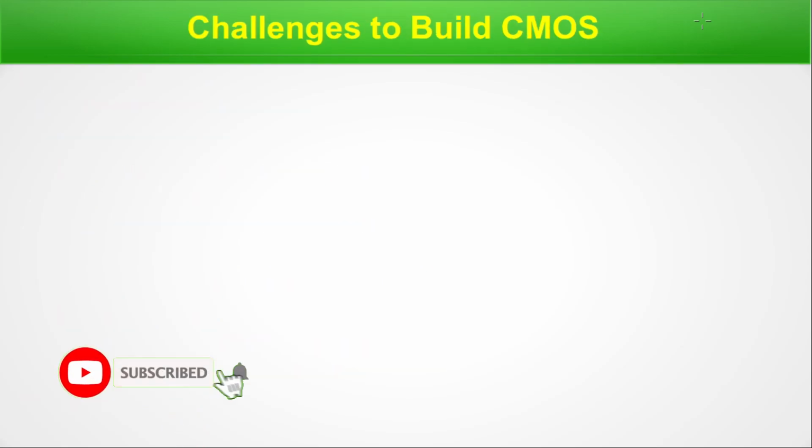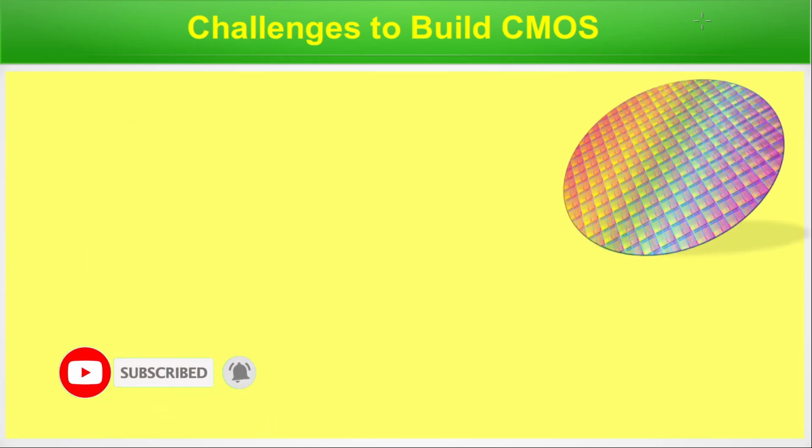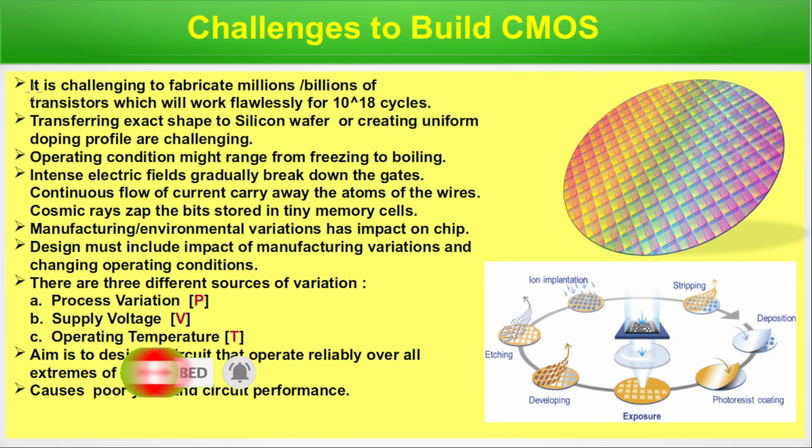Challenges to build CMOS. In today's era, we fabricate millions of transistors. Fabrication of such a huge number of devices flawlessly is a tough task. So it is challenging to fabricate millions or billions of transistors which will work flawlessly for 10 to the power 18 cycles.